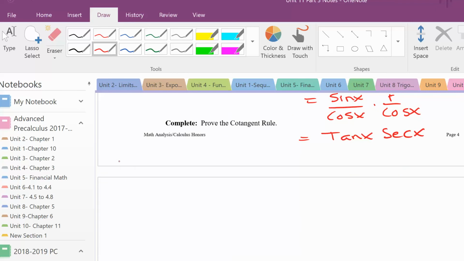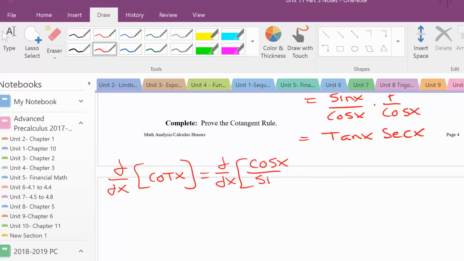Cotangent rule, well, that is cosine over sine. So then we once again do the quotient rule. So we get negative sine squared minus cosine squared, because remember it's g f prime minus f g prime all over g squared.